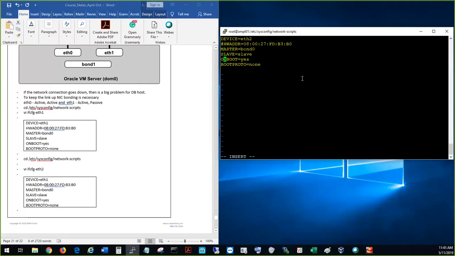So for ETH2, we don't need hardware information, and we are telling that this is a slave, yes, on boot, yes. Okay, hold on, let me just comment out on boot also.